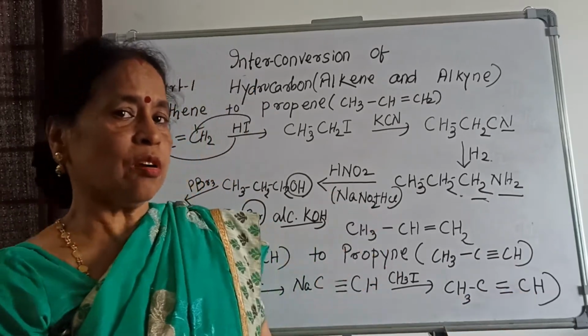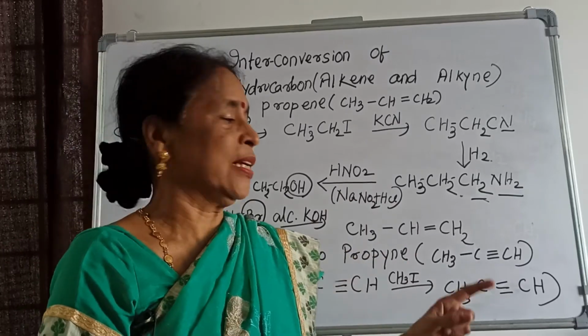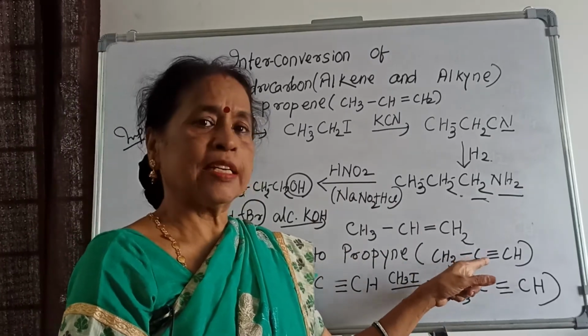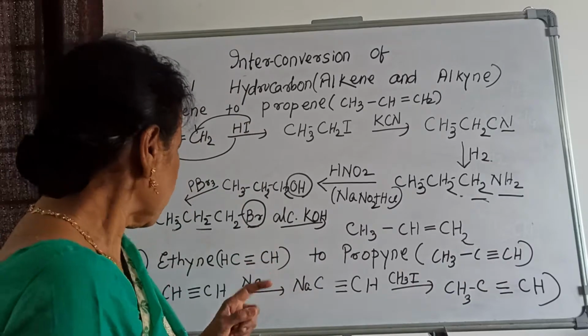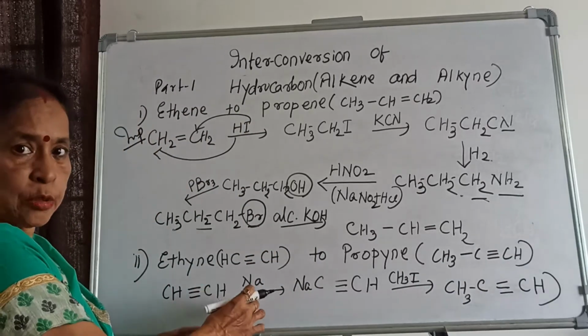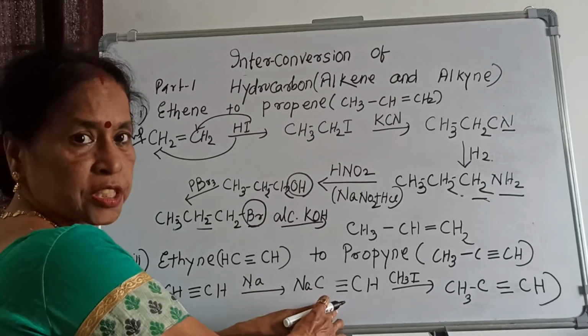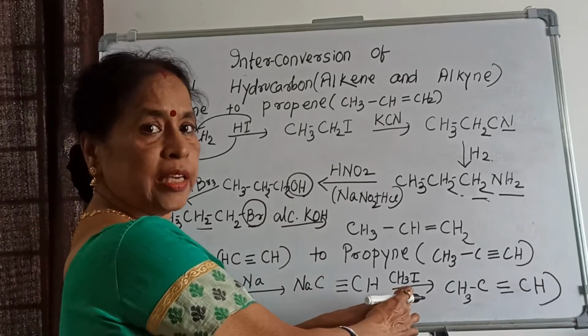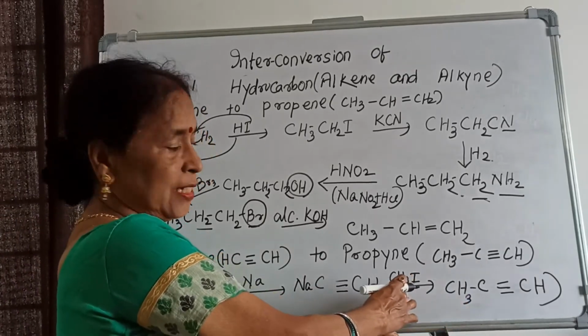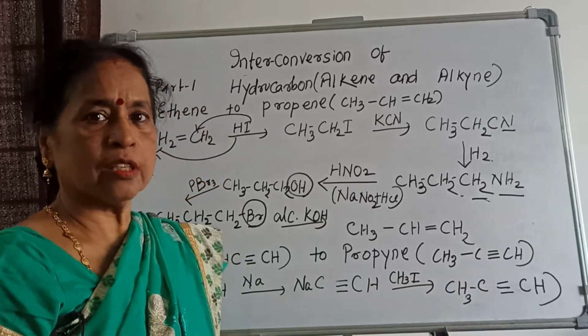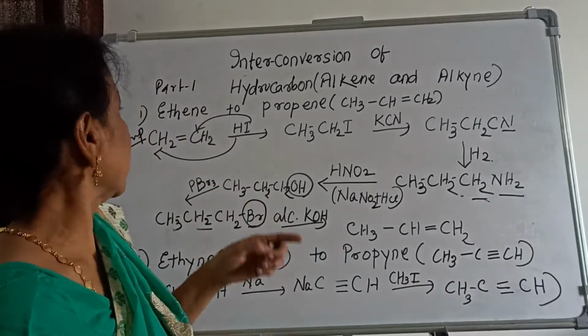But the question is not butyne, the question is propyne, CH3 C triple bond CH. So again, ethyne treated with sodium, first 1 hydrogen replaced, that is sufficient, and with CH3I the sodium is replaced by CH3, then you get the answer, propyne. I hope it is clear.